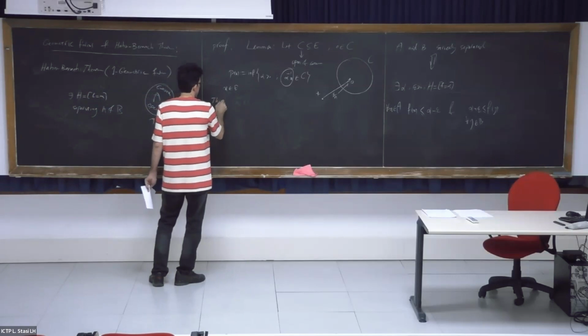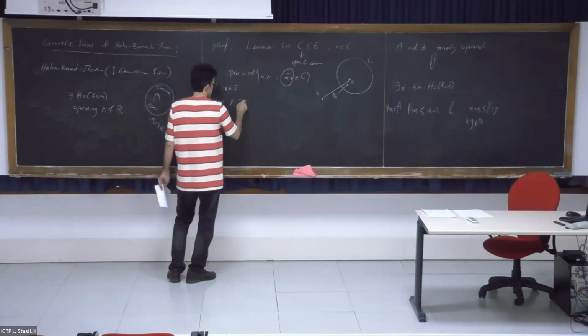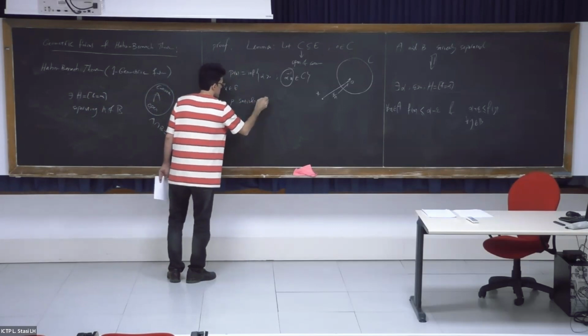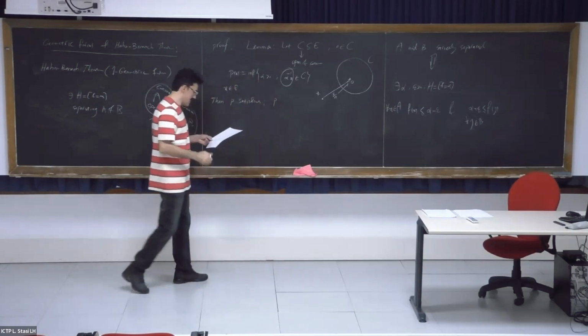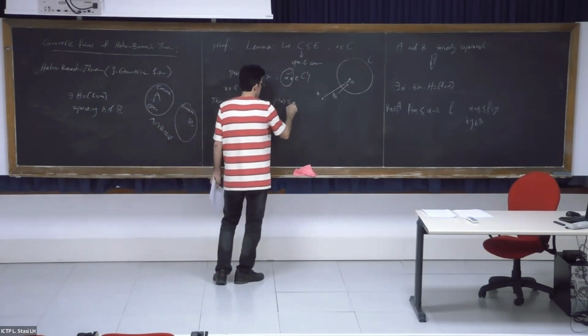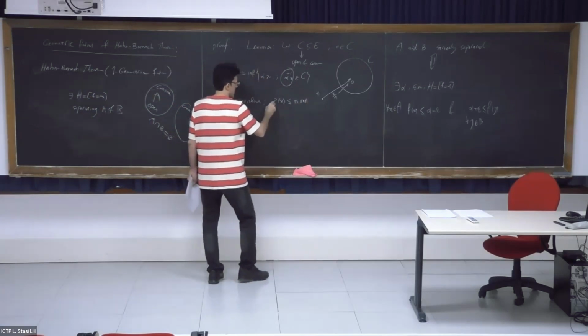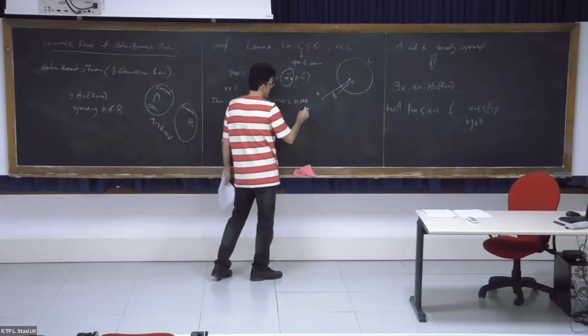Then the lemma says that P satisfies these properties. The first one is that P of x is less than M times the norm of x, and you see that it is positive.